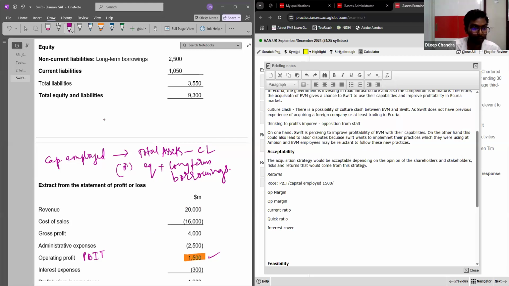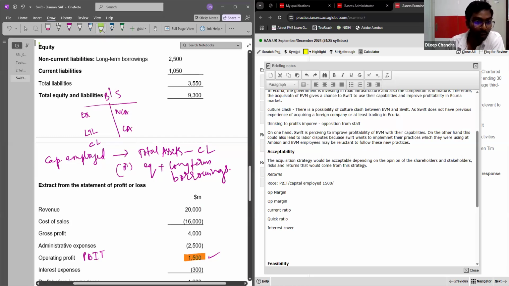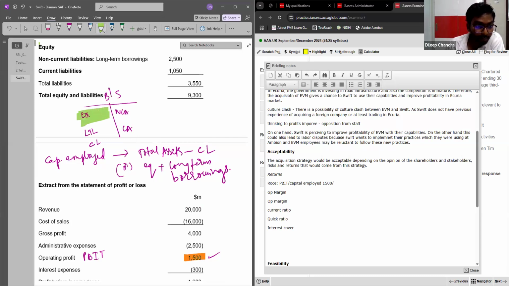Let's suppose this is the balance sheet. We have non-current assets here, current assets here. We have equity over here, and then under liabilities, long-term liabilities and then current liabilities. Capital employed means this part.